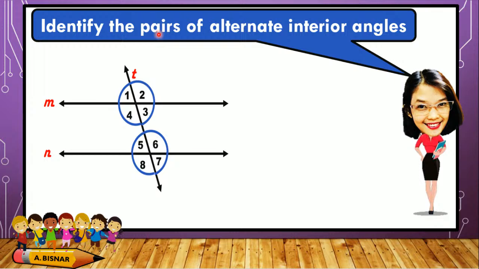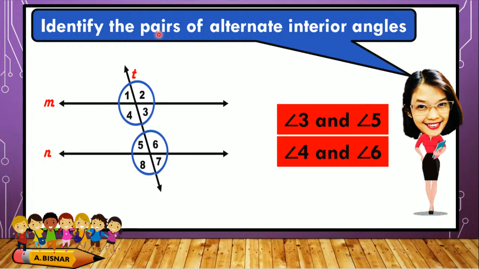Because after this, we will now measure the angles. Four and 6, 3 and 5. That is correct. So again, the pairs are 4 and 6, 3 and 5. So, do not forget that there are 2 pairs.